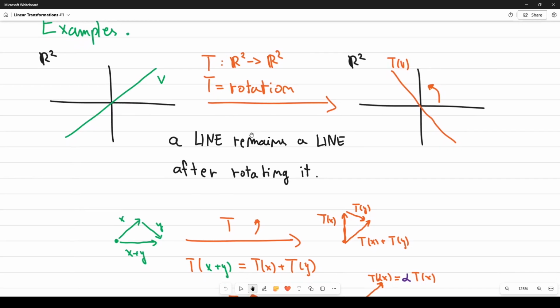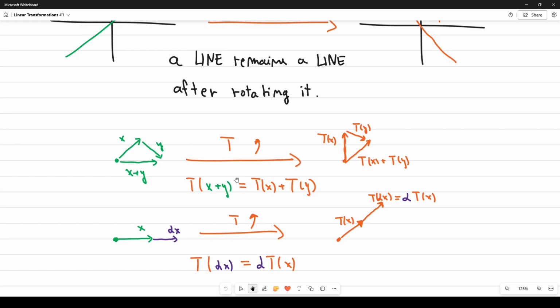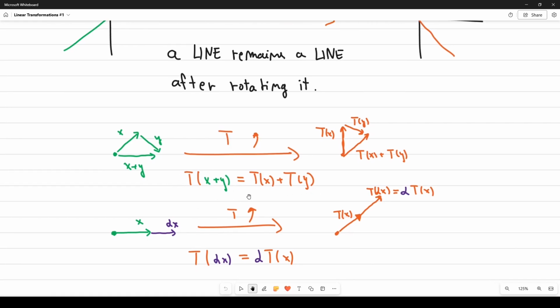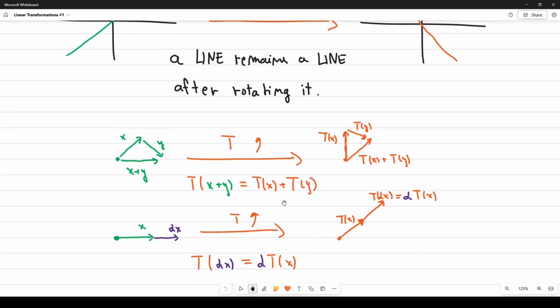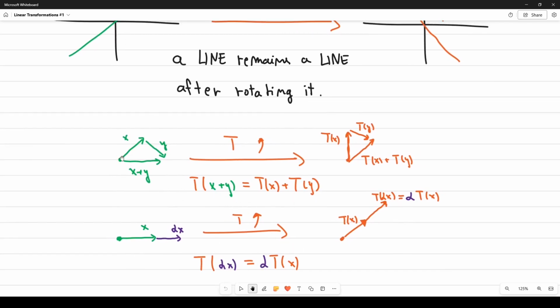So here are a few more pictures going into rotation to show that the properties hold. Again, purely illustrative and pictorial. You're welcome to try and derive how a linear map of rotation would look and show that this holds. But for example, if I take two vectors and add them together and I get this vector, and now let's imagine I rotate this by 45 degrees counterclockwise, I'll get something like this.